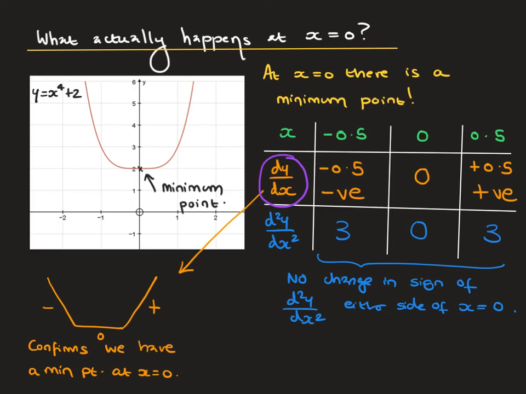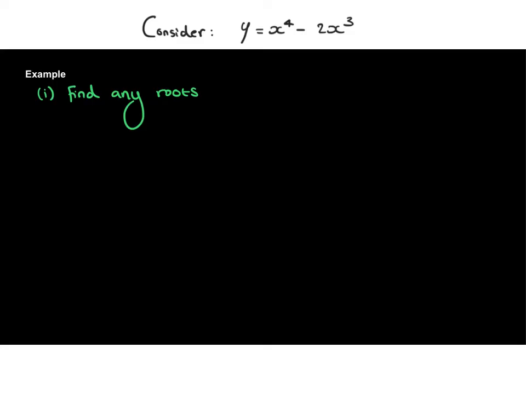So we're now going to take another worked example, and we're going to look at 4 elements of this function, y equals x to the power 4 minus 2x cubed. So the first thing that we're going to do is find any roots. So we know that at a root, y is equal to 0. We're looking at points where the curve crosses the x-axis. So x to the power 4 minus 2x cubed equals 0.